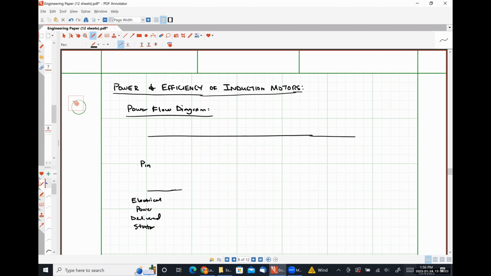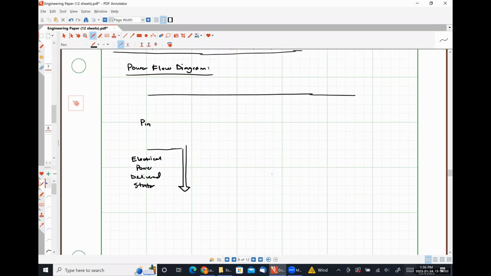So because we have stator windings, we are going to have stator copper losses. Should make sense.